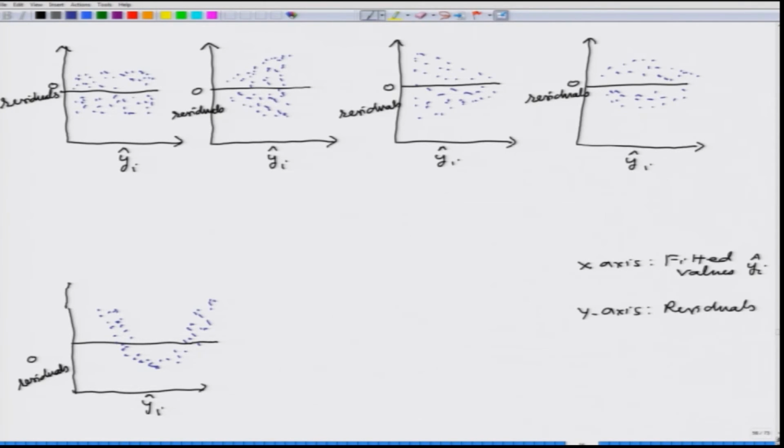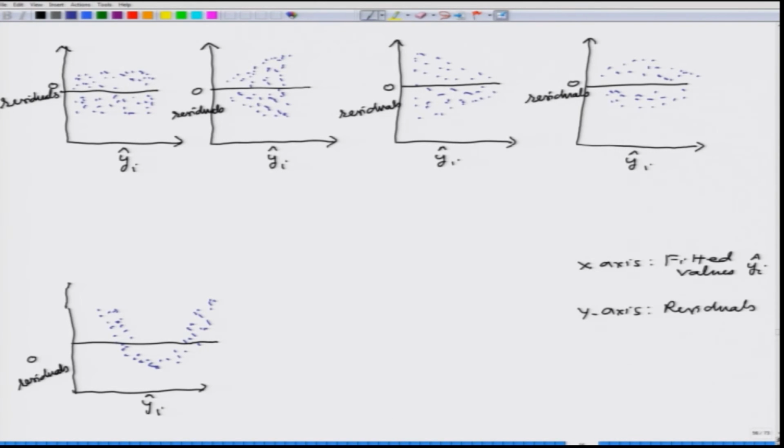On the x axis I am plotting yi hat, and on the y axis I am plotting the residuals, and I have made here 5 different types of pattern, and based on that I will try to show you how we conclude about such a thing.